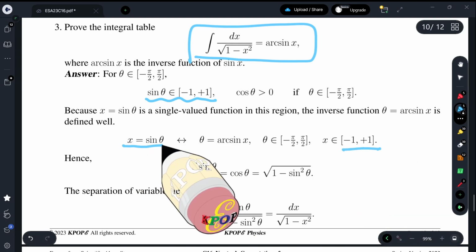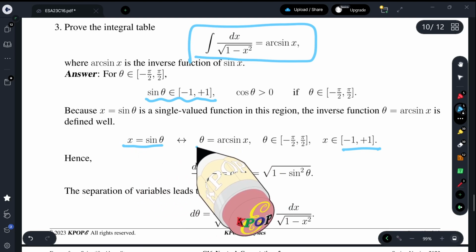And let us make use of the same method that we have made use of to obtain the integral table or derivative table for exponential and log function.